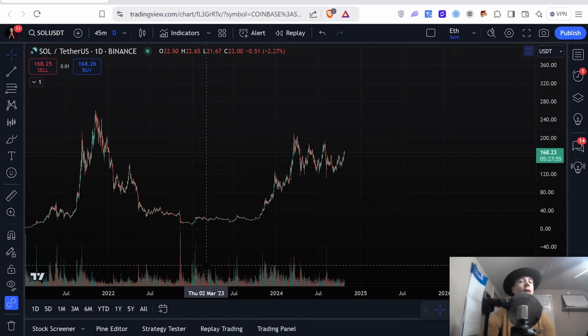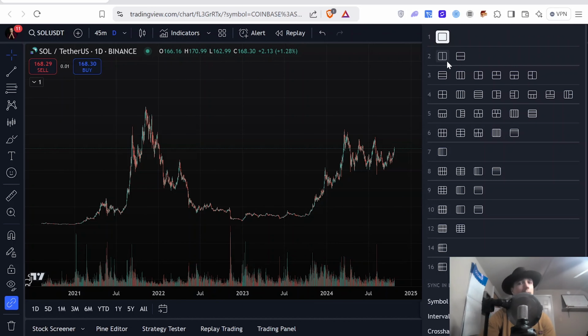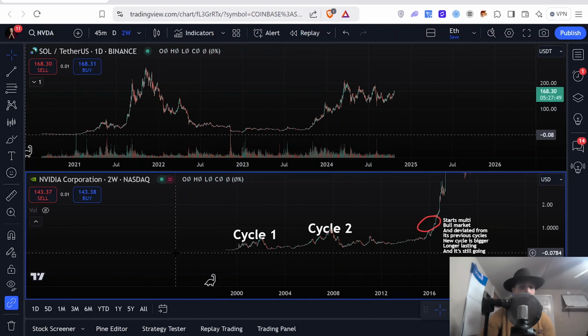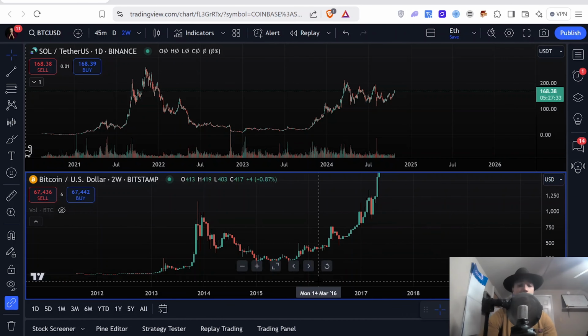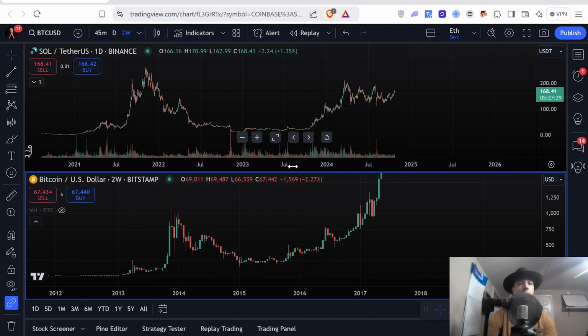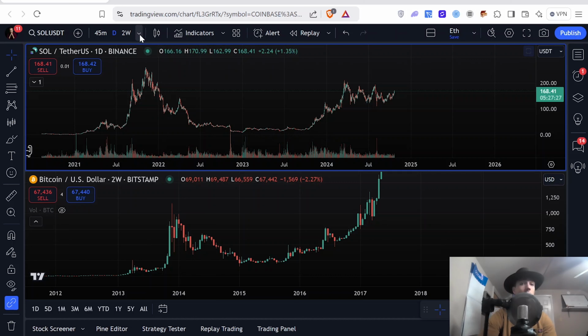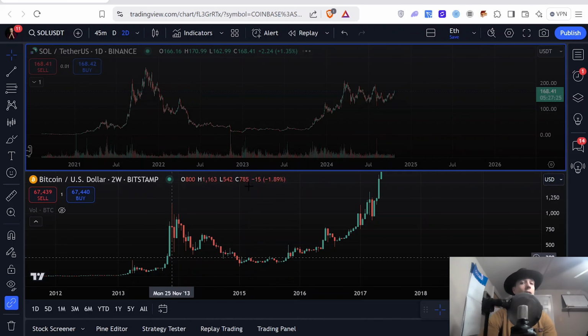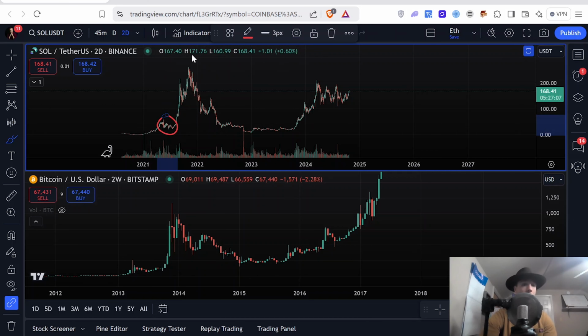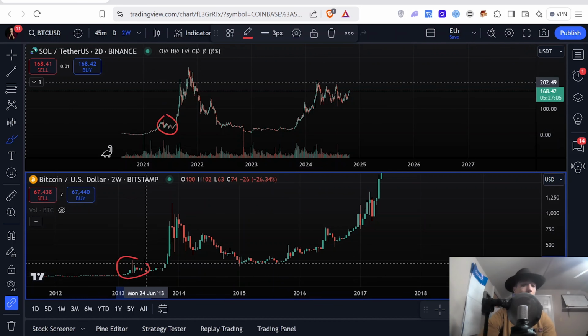Also, from a market cycle perspective, this does look a lot like early day Bitcoin. So if we just pull up Bitcoin down here on the bottom, you can see that this early day cycle on Bitcoin is super, super similar to what we're seeing right now on Solana, where both of these charts almost look identical, where you have this first sell-off before the parabolic run that also happened on Bitcoin.